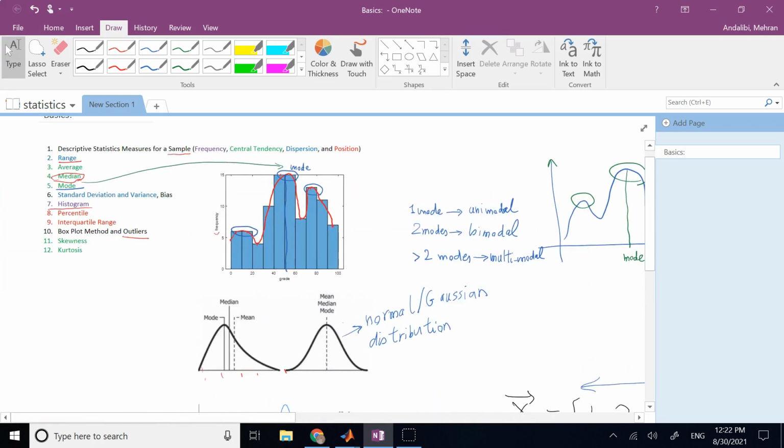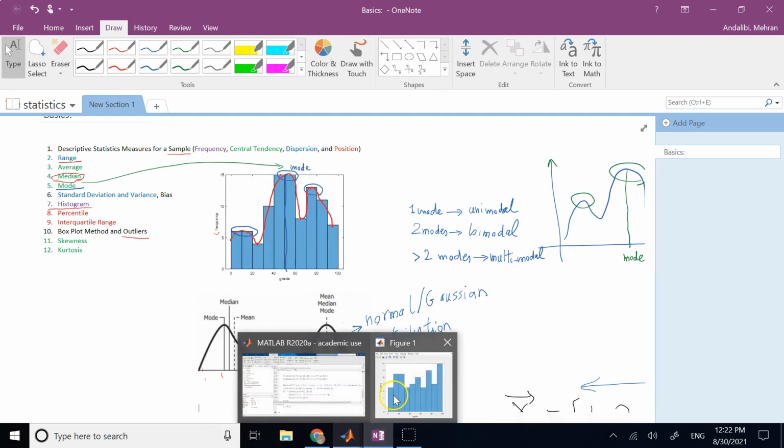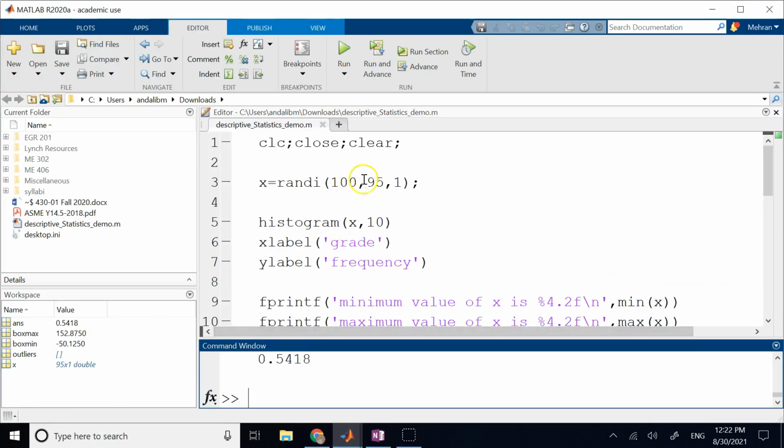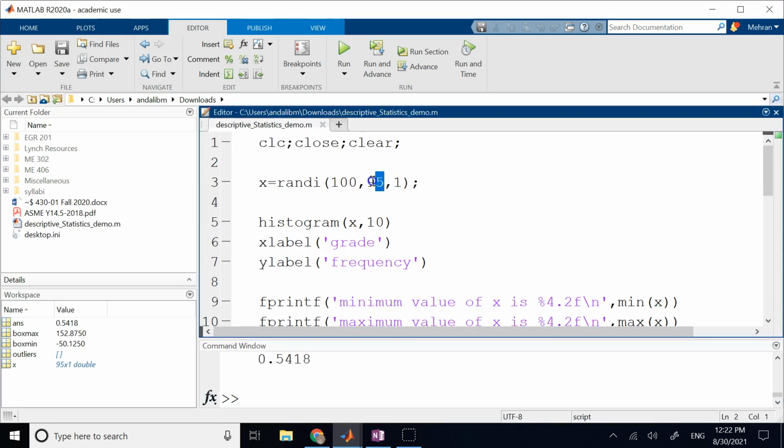Okay, now before I do anything else, let me show you the example here. So here I wrote a MATLAB code that generates 95 random integers, and they are all between 1 and 100. So let's say these are the grades in my class, and I have 95 students.